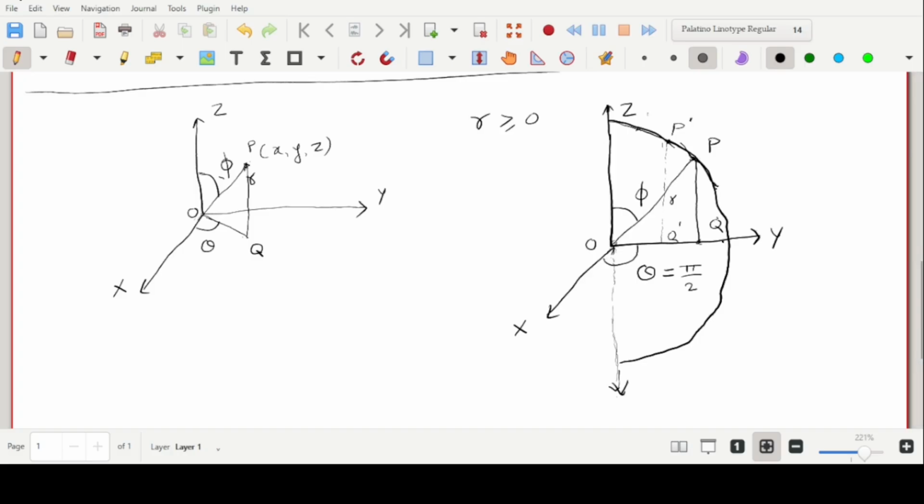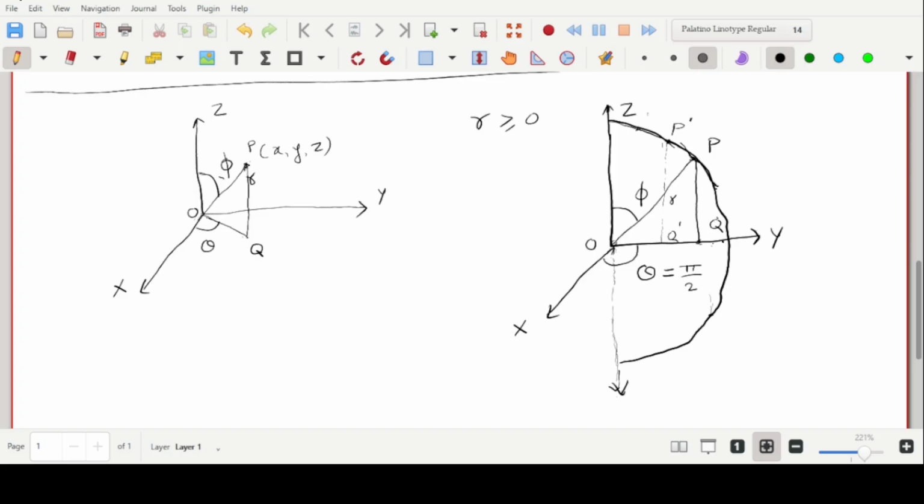Observe that again here, if you drop a perpendicular from this point, it is on the y axis and therefore theta by definition is pi by 2.